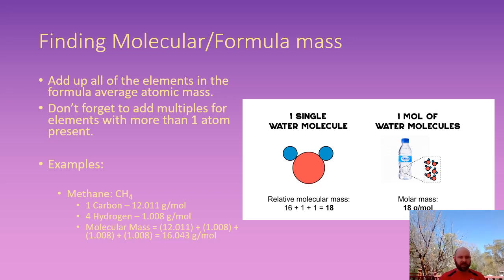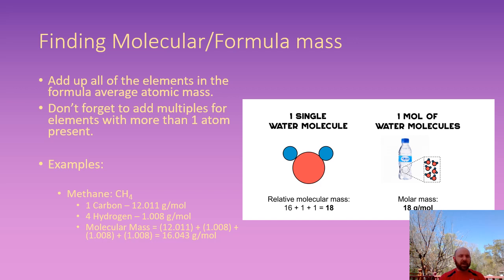We see for methane, if we want the molecular weight of methane, we look at the formula, and the formula shows us that we have 1 carbon atom in 1 molecule of methane and 4 hydrogen atoms in 1 molecule of methane. And so when I consult a periodic table, I see that carbon has an atomic mass of 12.011, and that each of the 4 hydrogens has a mass of 1.008 grams per mole.